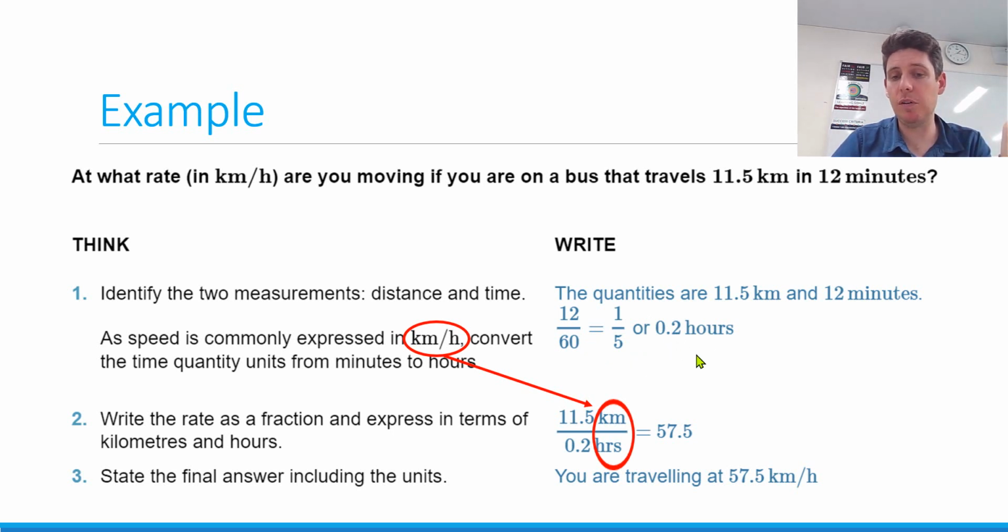Now, you may remember I just said before, when we have a rate, we want the second unit to be a 1. So again, we're going to divide 0.2 by 0.2, and that'll give us 1 hour. So we need to divide 11.5 by 0.2, and that will give us 57.5 kilometers per hour. So in this example, there was just an extra conversion at the start from minutes to hours, and then we needed to divide by 0.2 to convert it to kilometers per hour, 1 hour.